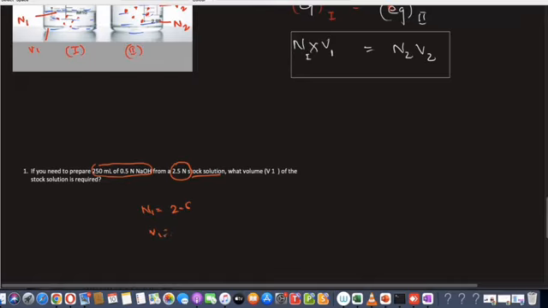I don't know V1, so V1 is not known to you. What is N2? N2 is 0.5 normal. And what about V2? V2 is given as 250 milliliters.